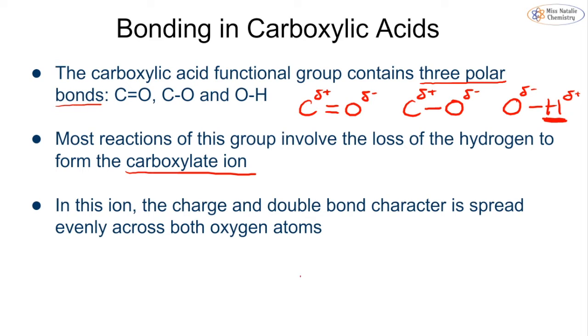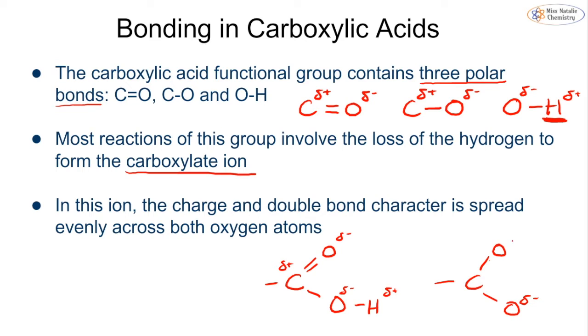So if we start off with the carboxylic acid, we draw out all the bonds, we can see that this carbon is delta positive, our oxygens are delta negative, and the hydrogen is delta positive. But when we undergo a reaction, we're going to lose that hydrogen. So this becomes delta negative. That oxygen is still delta negative and the carbon delta positive.